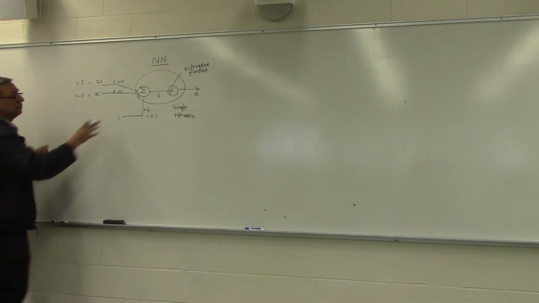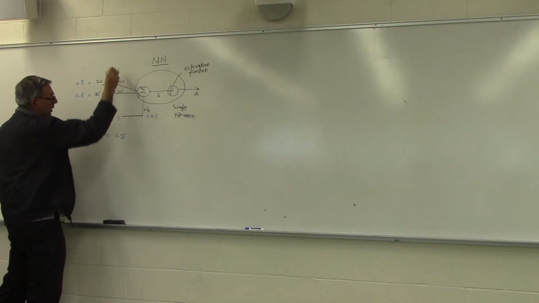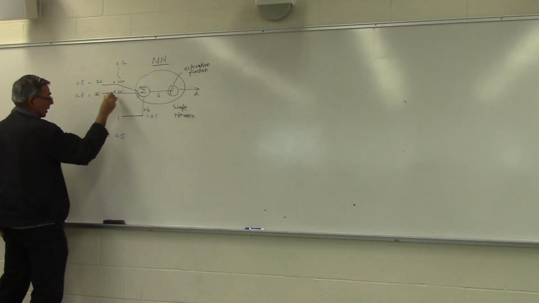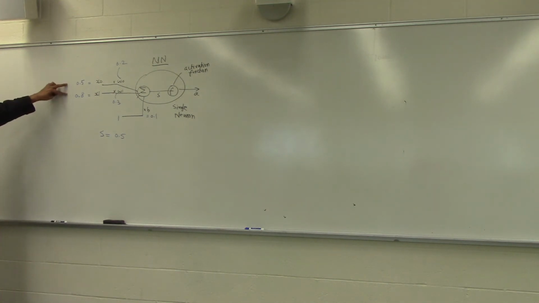Okay, so what will be the value of the sum? Weights in the beginning are initialized randomly. So let me pretend this is 0.2 and this is 0.3 in the beginning. If that was the case, then what will be the sum?